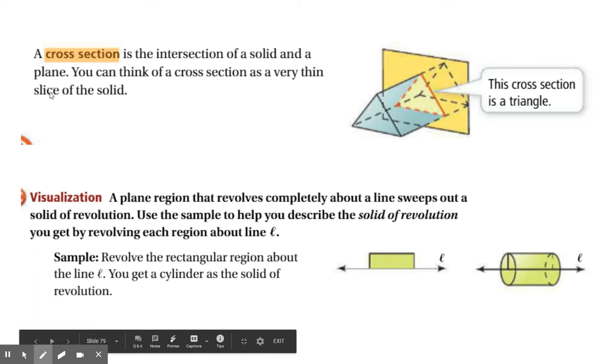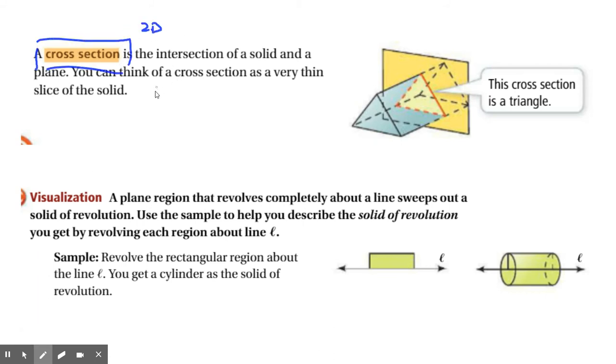So a cross section is a 2D slice of a picture. Now, this right here is called a triangular prism. It's a triangular prism because you have two triangular bases here and here, and then the other faces are rectangles.